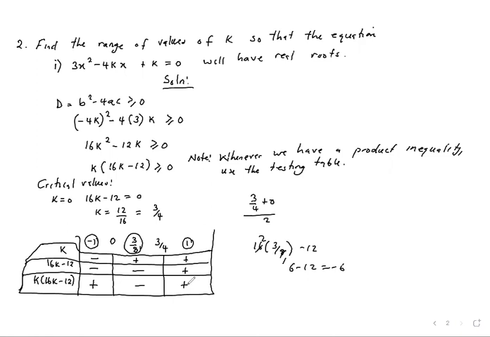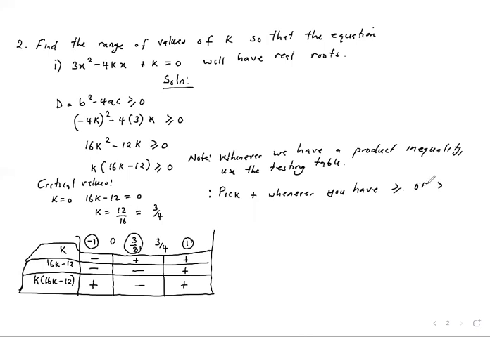So when we have greater or equal to, never make a mistake here. So take note again, pick the plus whenever you have greater or equal to, or just greater.